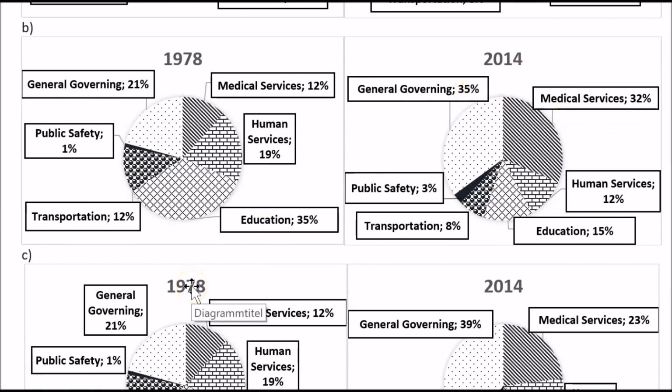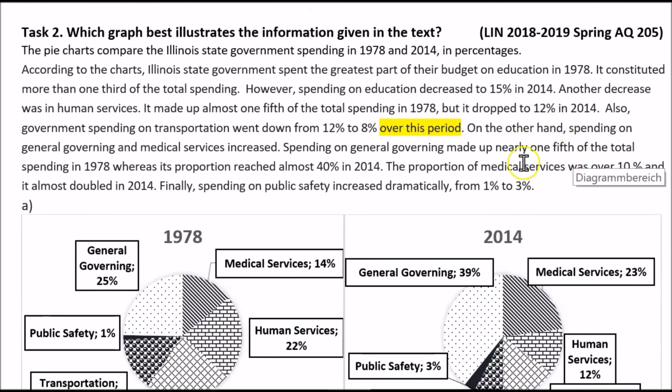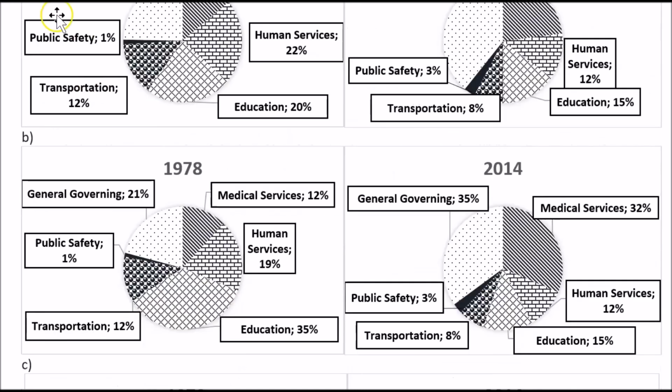And for choice C, we also see that it was again at 21% and rose to 39%. So they are correct. Continuing with the next sentence, spending on general governing made up nearly 1/5 of the total spending in 1978, whereas the proportion reached almost 40% in 2014.